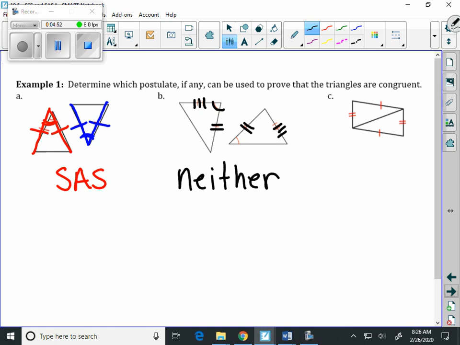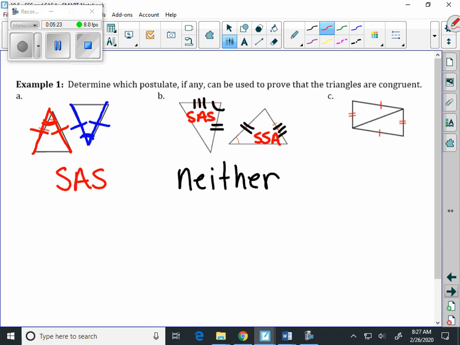It's not side, side, side. It's not side, angle, side. You have to follow the same pattern. The reason is the included angle was not on that second one. What I wrote down in my notes is that this one is side, angle, side, but this one is side, side, angle, is the pattern that we have on the triangles.